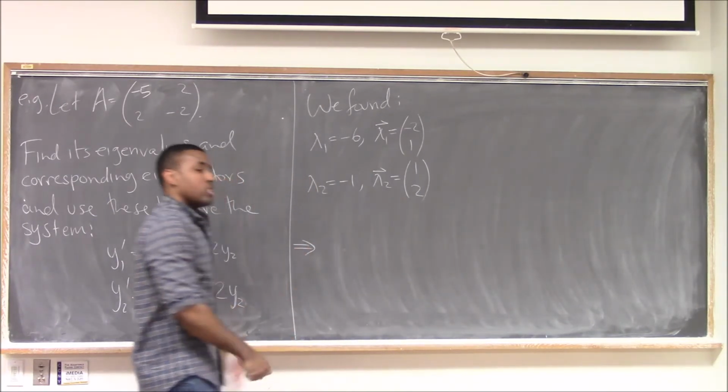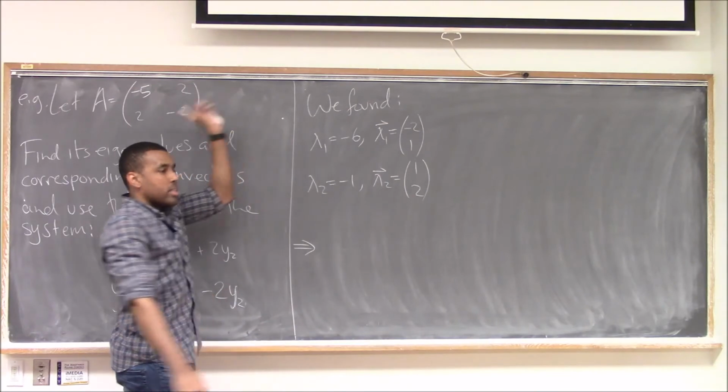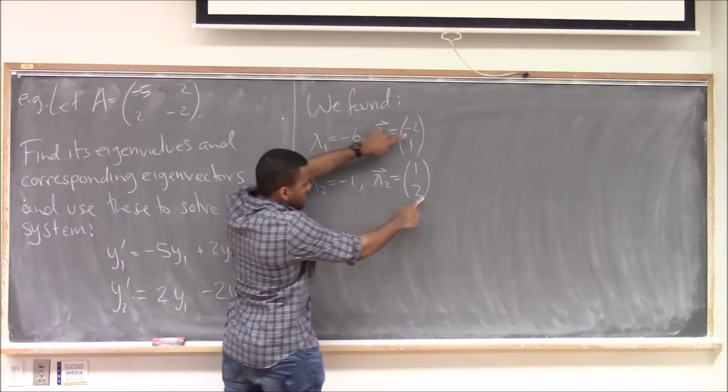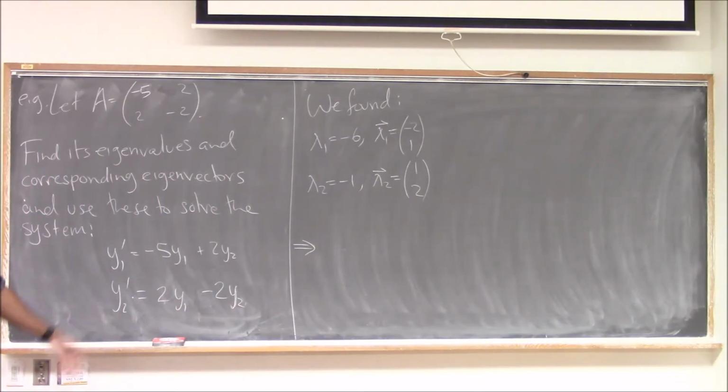So you go through that process. You set up the determinant of lambda I minus A equals 0, you solve for this and this, plug it back into the system, solve the homogeneous system, and you'll get this and this as the answer. And once you have that and that as the answer, you can literally now write down the answer for this system.